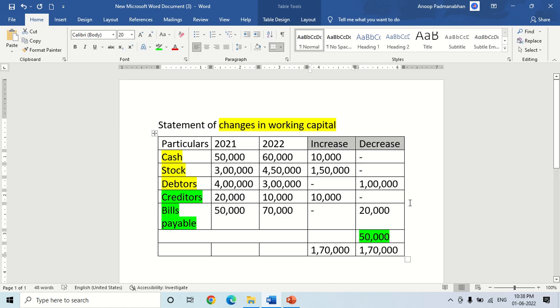Since your balancing figure is coming in the decrease column, I have to write it as increase in working capital. Suppose I am getting a balancing figure in the increase column, what will I write? I'll be writing decrease in working capital. Opposite I have to write.